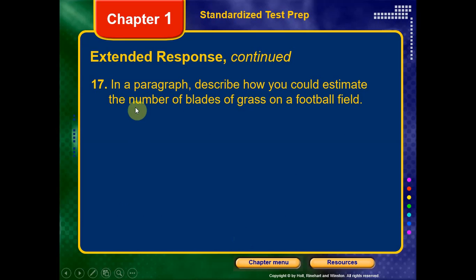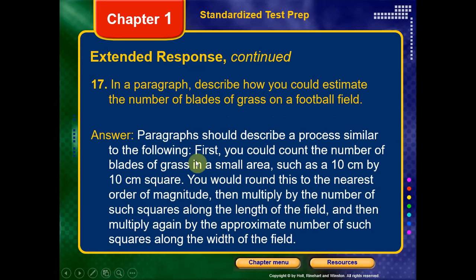Question number 17. In a paragraph, describe how you could estimate the number of blades of grass on a football field. The paragraph should describe a process similar to the following. First, you could count the number of blades of grass in a small area such as 10 centimeters. Let's check a small area, 10 centimeters, how many grass blades in this area.